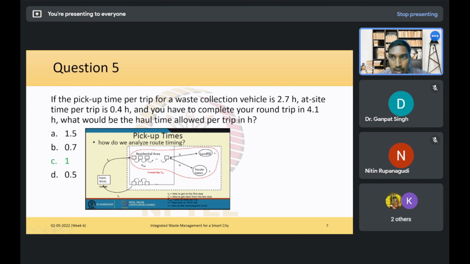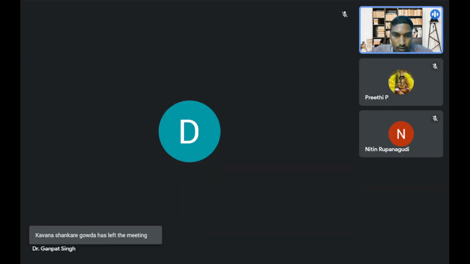Then we have the outside time, which is the time spent to empty the vehicle at the landfill or the transfer station. All the collected waste has to be dumped at either of these locations, right? That time is called the outside time. And once we have dumped it, we have to come back, which is also in the haul time, right? We'll see now how to solve this.